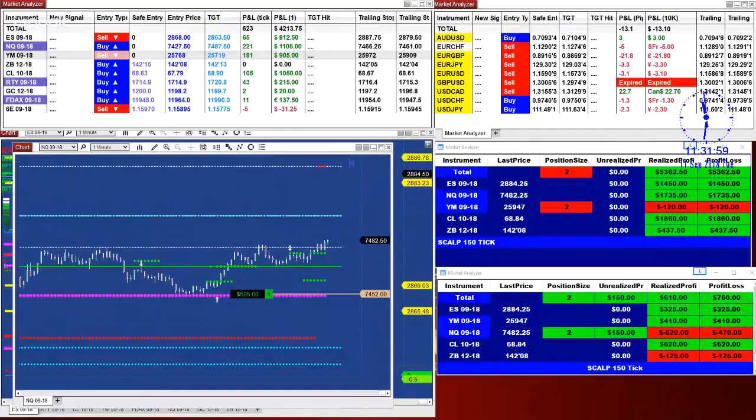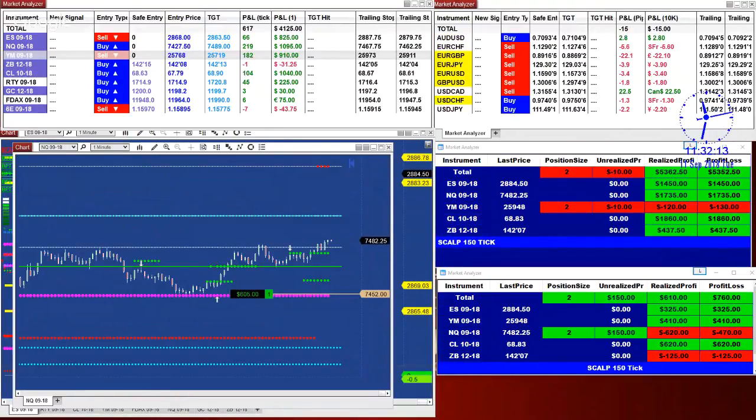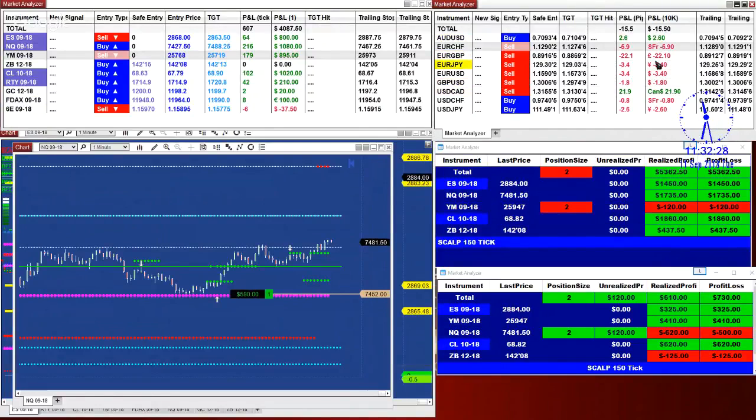Let's see if this market is going to make it all the way up. I doubt it. We'll see. If you notice on the Forex, nothing is working on the Forex today.